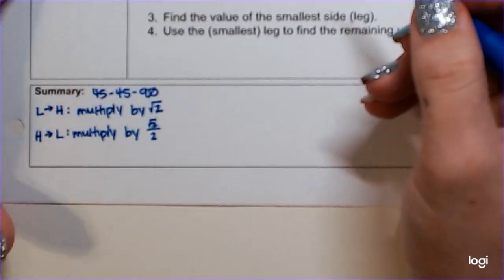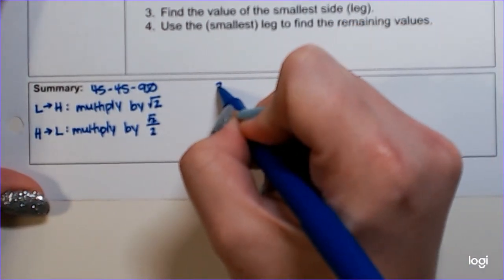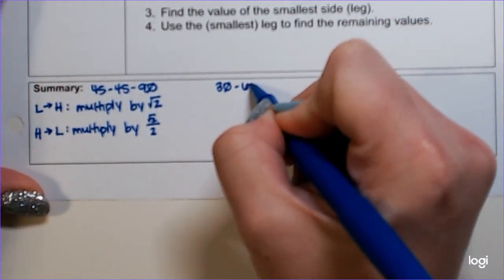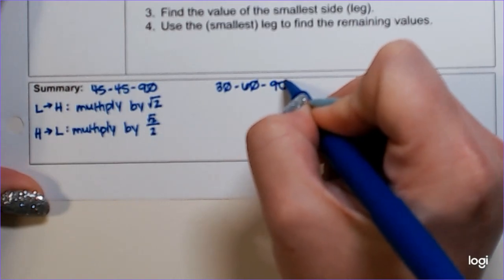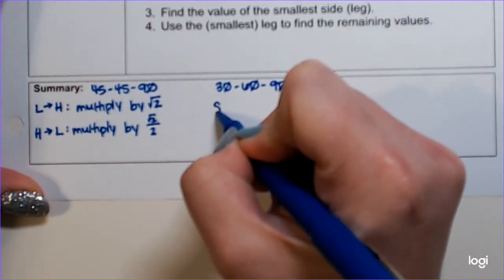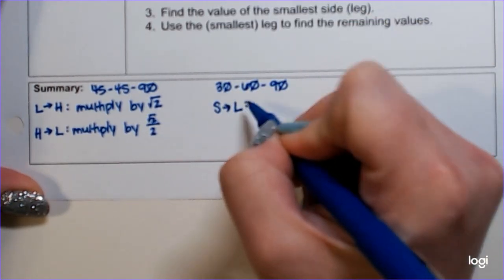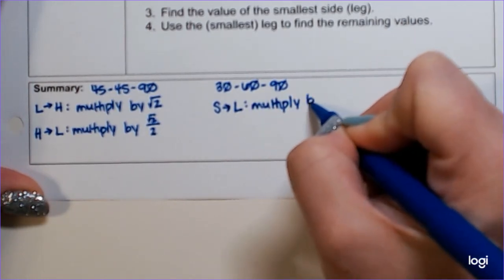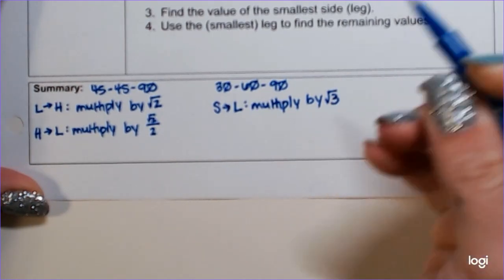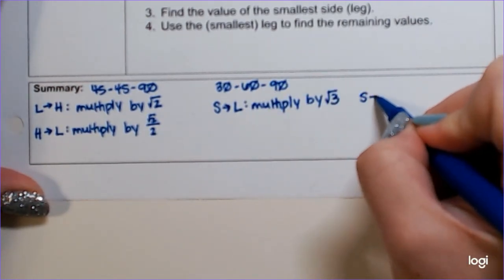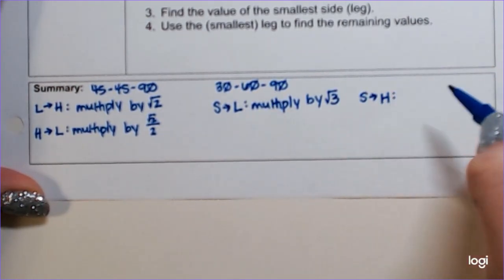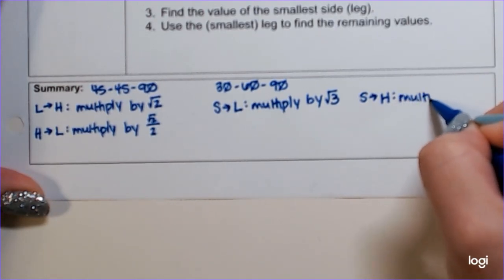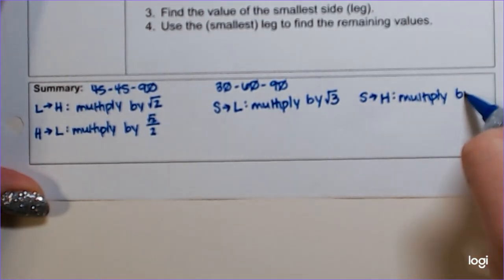So the rules for 30-60-90, we got plenty of rules for the 30-60-90. Short to long is just multiply by square root of 3. Short to hypotenuse is just multiply by 2.